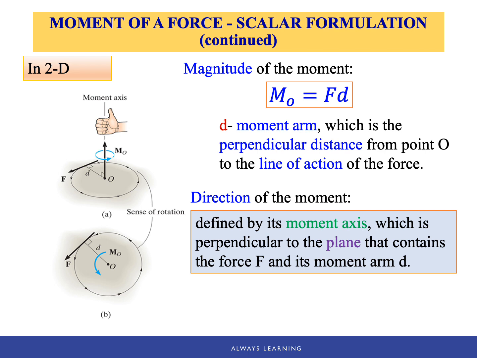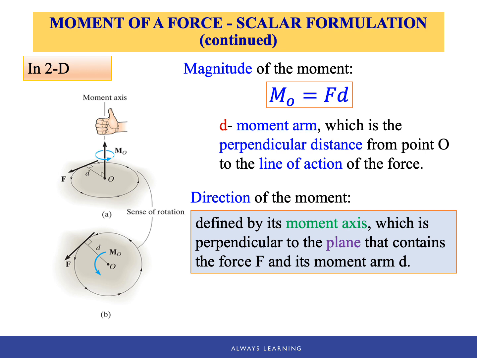And on the bottom, this is the top view. So think about this as a piece of paper and you look down from the top onto the paper, then you just see a plane. So this force F is in the plane and this D is in the same plane, or you can draw this line D on your paper as well. And the other vector, M O, becomes a point because it's pointing out of the paper.